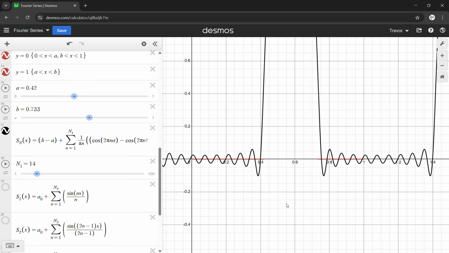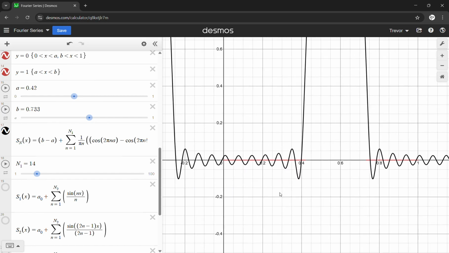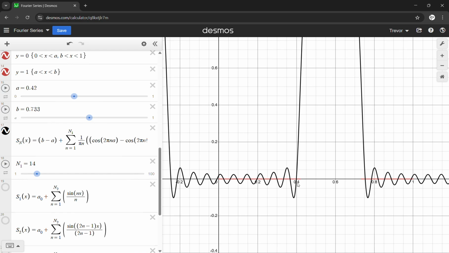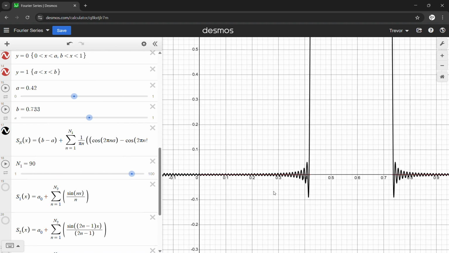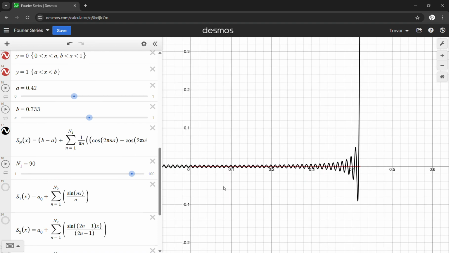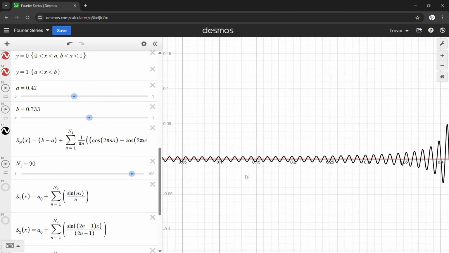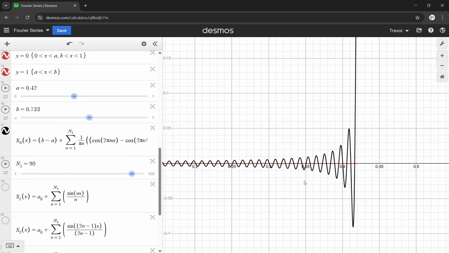Something else that we can look at is here the waves don't really do a good job of approximating the red line. The waves are pretty big, but we can actually refine it. Here I went up about 80 ticks, and with 80 ticks, it's doing a much better job of approximating that.